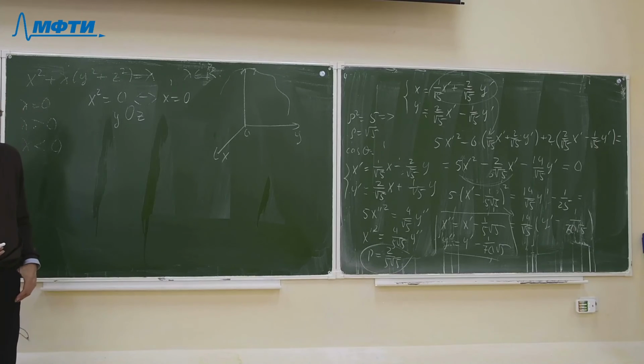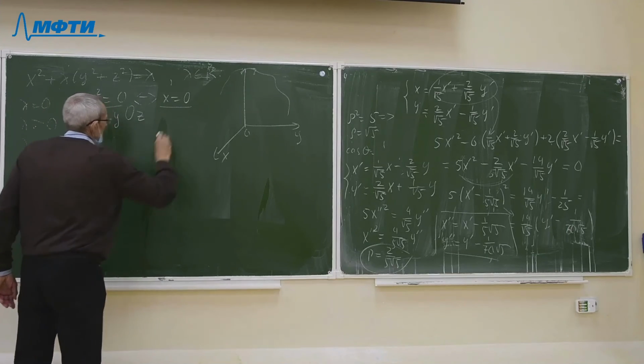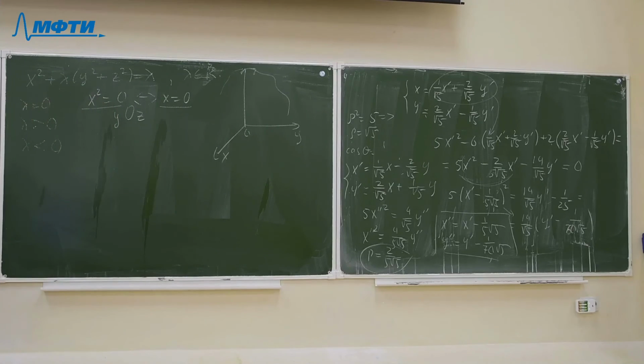This answer is evident, but this answer is wrong. Why is this answer wrong? What is the difference between x squared equal to 0 and x equal to 0? In the geometrical sense, we have no difference.